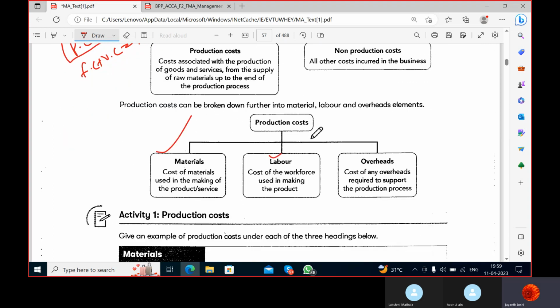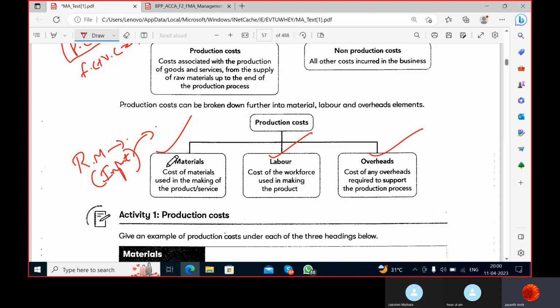Material, labor and overheads. What is material? The material or raw material which you use in the production process is the input for your business, which you are going to convert into output. That is your raw material.